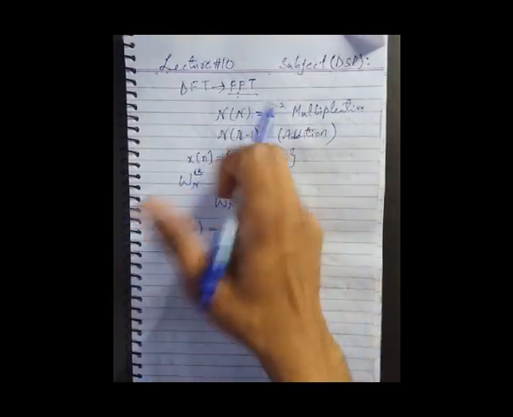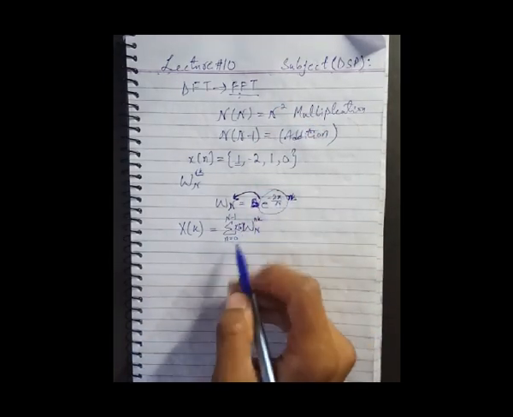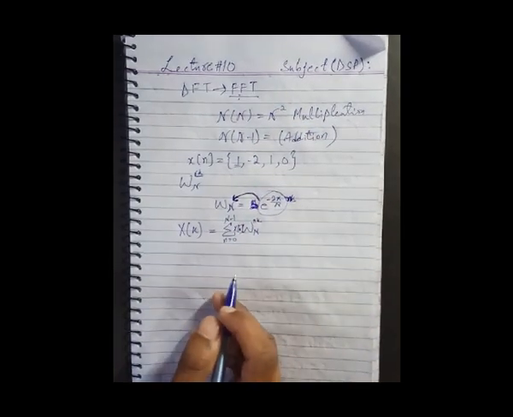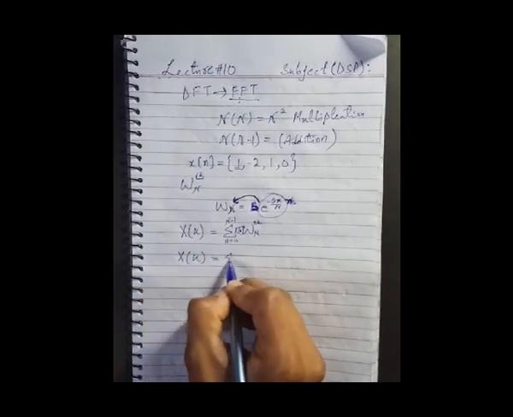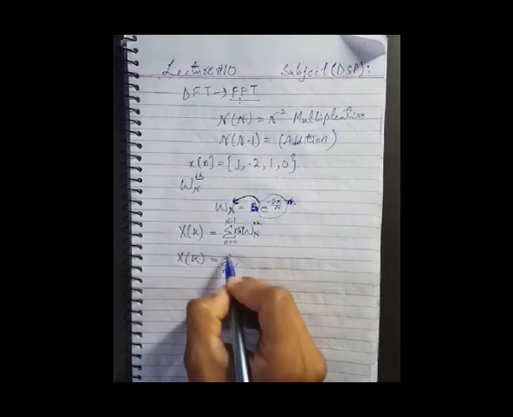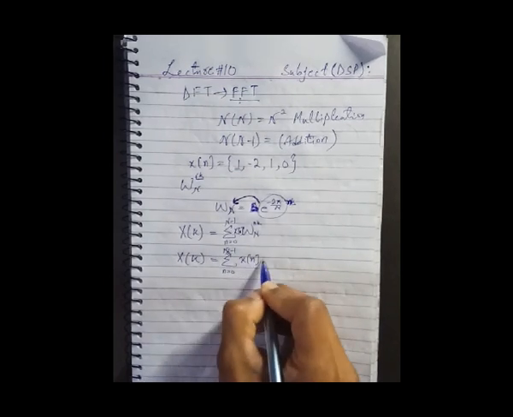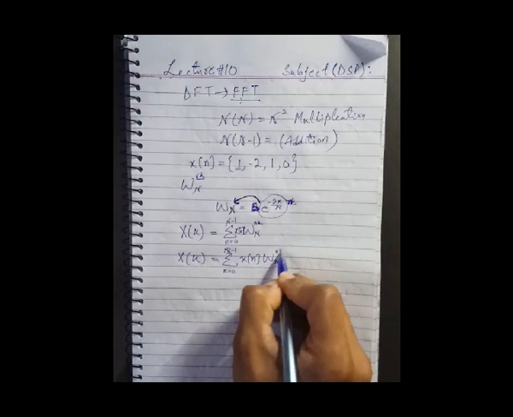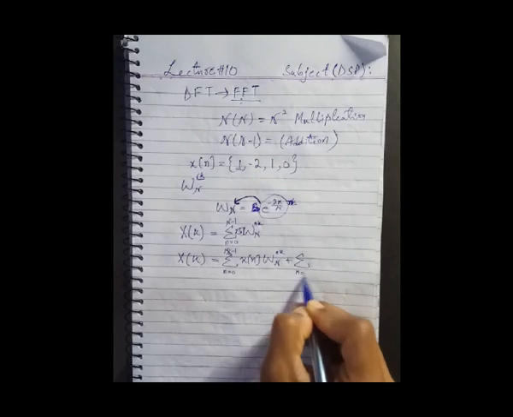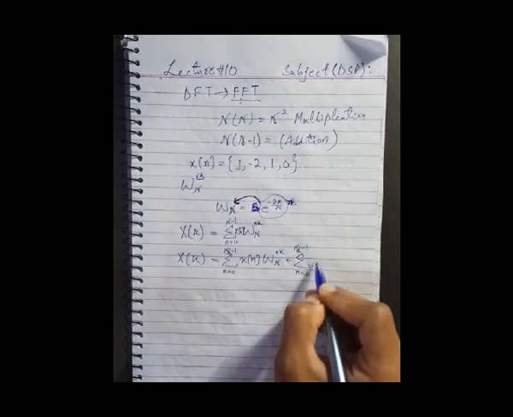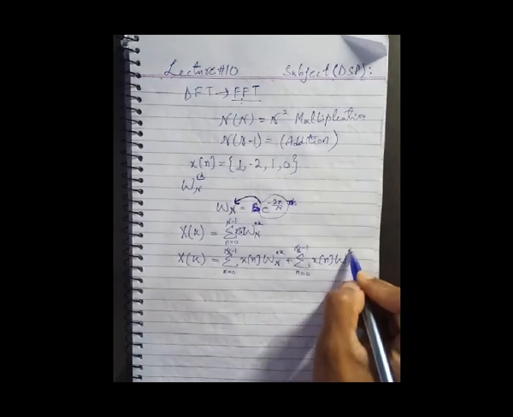Now in FFT we decompose our signal into simpler signals, and if I decompose this signal into even and odd decomposition, I will get X of k is equal to summation n is equal to 0 to N by 2 minus 1 x of n into omega N nk plus summation n is equal to 0 to N by 2 minus 1 x of n W of capital N into nk.